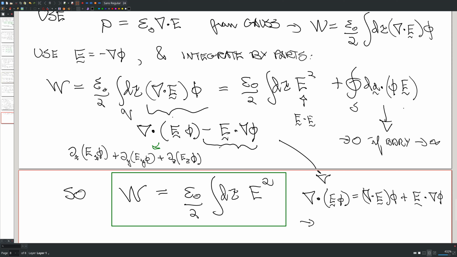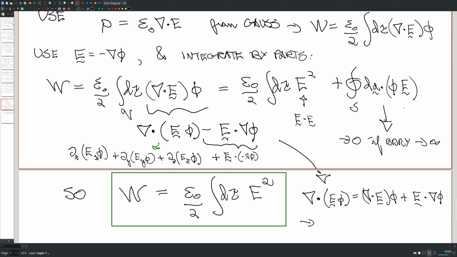Yeah, exactly. And then from that minus that, that's equal to E squared. You see here, I have E dotted into minus grad phi.